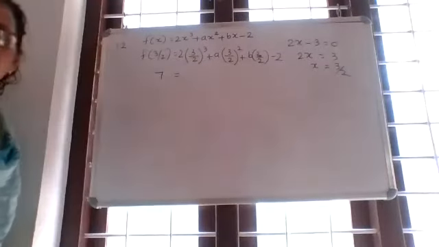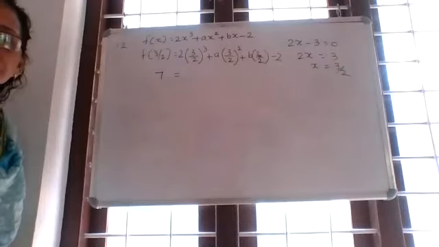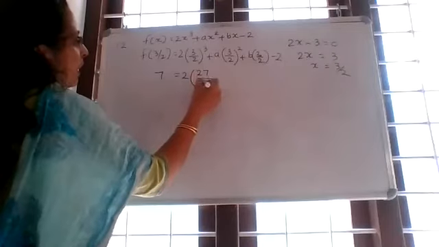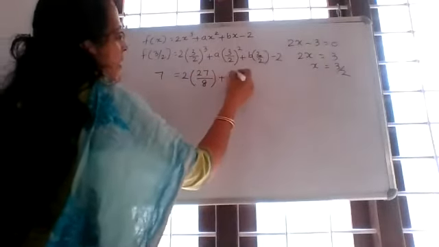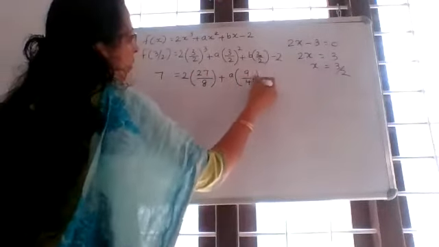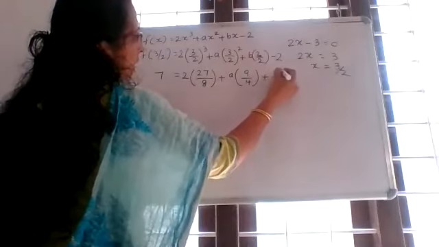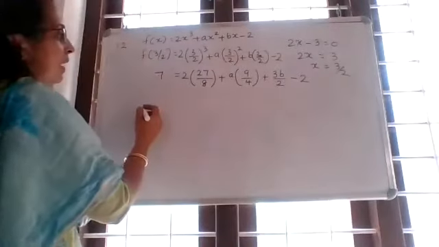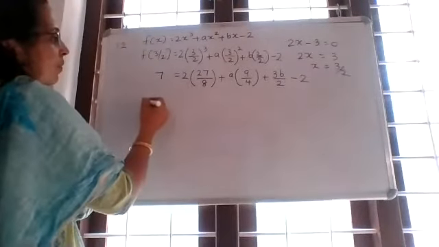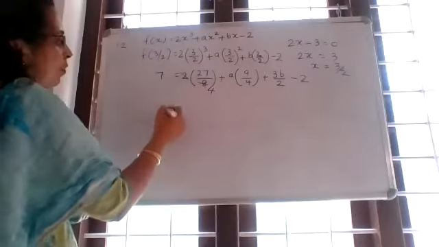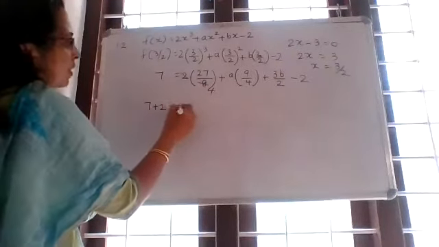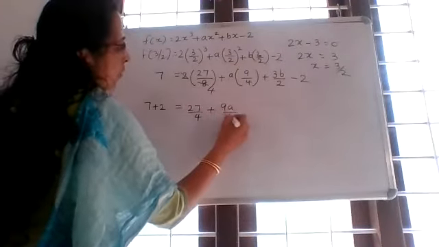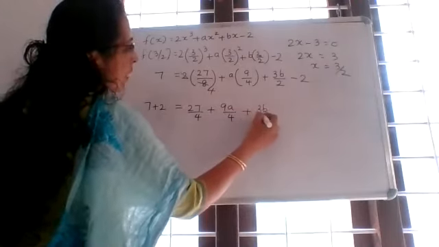Just listen, without multiplying: 2 into 3 cube is 27 divided by 8 plus a into 9 by 4 plus 3b by 2 minus 2. You can take this minus 2 to this side, so it will be plus 2. Then here we can cancel 4. So 7 plus 2 is equal to 27 by 4 plus 9a by 4 plus 3b by 2.